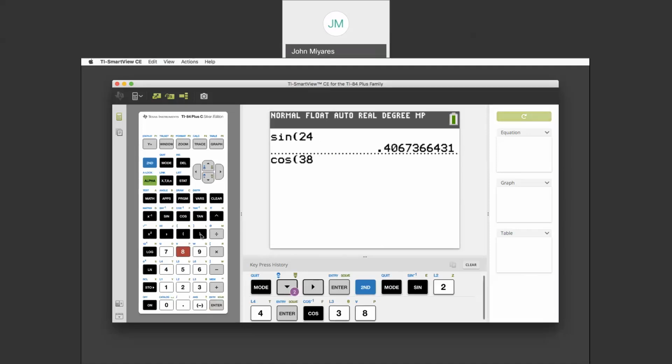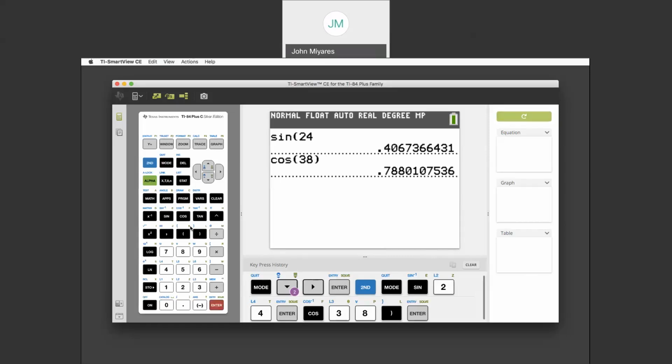You notice when you hit the cosine, sine, and tangent buttons, you're going to get a left-hand parenthesis automatically inserted there. If all you're doing is evaluating the trigonometric ratio, you do not need to close it. However, if we start doing work where you're going to be combining the cosine of 38 with some other computation, you will need to close the parentheses so that we can maintain the proper order of operations.